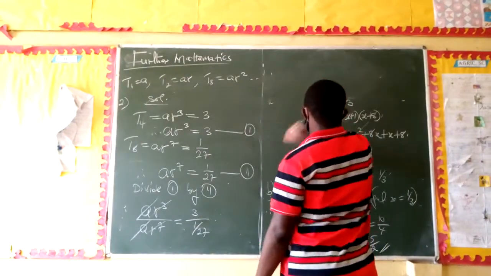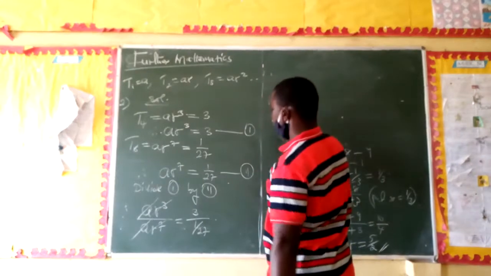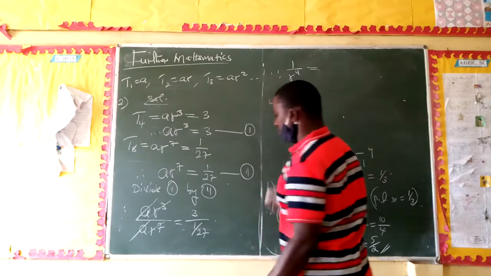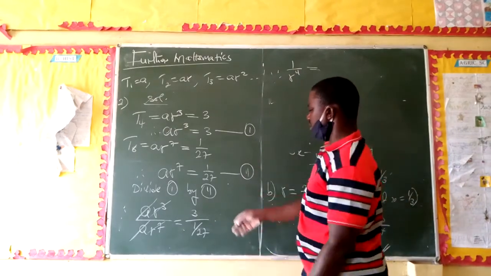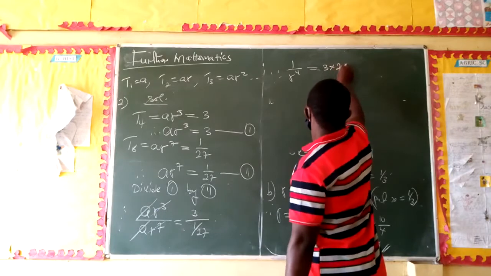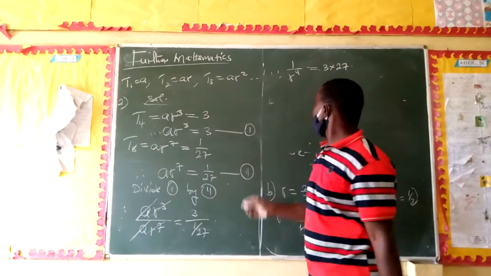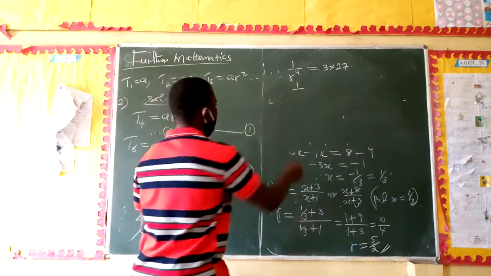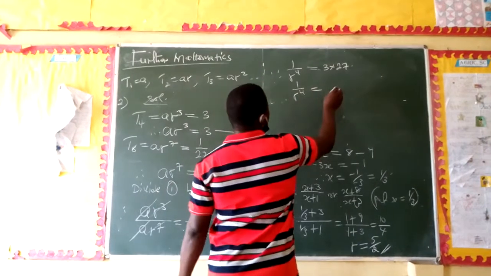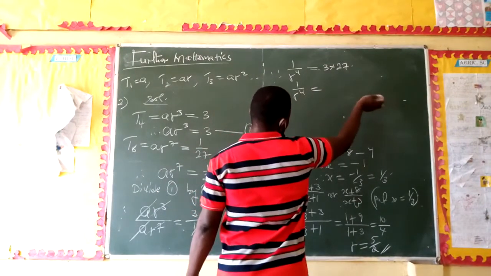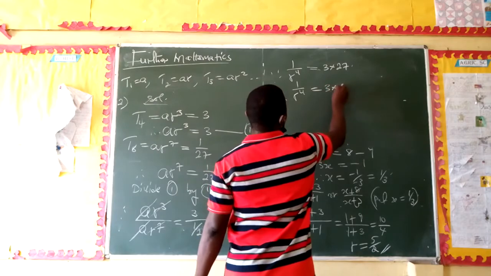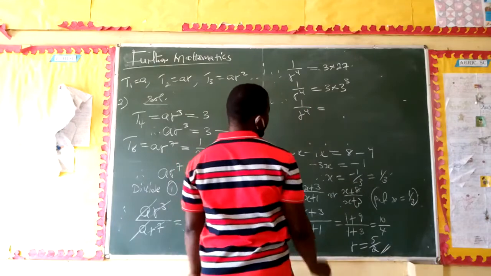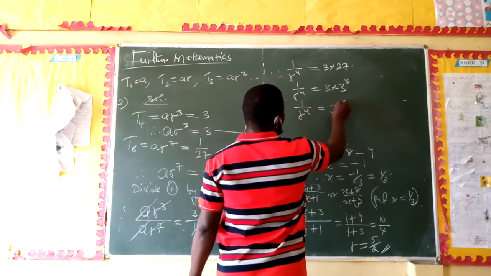So now, therefore we can have 1 over R raised to power 4 is equal to 3 times 27. Simple, right? This should be 81, which is 3 times 3 raised to power 3, so 1 over R raised to power 4 is equal to 3 raised to power 4.